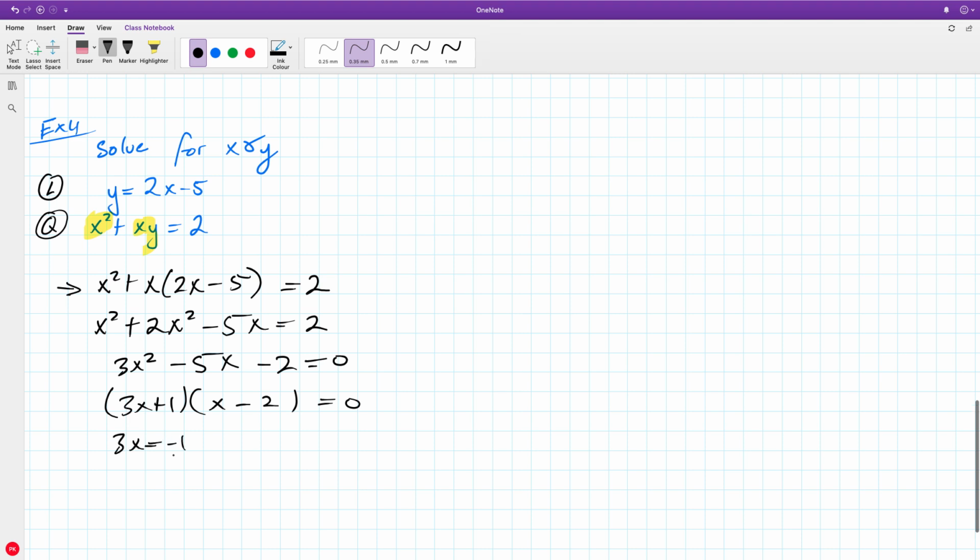3x is equal to minus 1, x is equal to minus a third. X is equal to 2. We happy with those? Yeah? We check the top one. So these are our two x values. We sub them back into our top. So our top was y is equal to 2x minus 5.